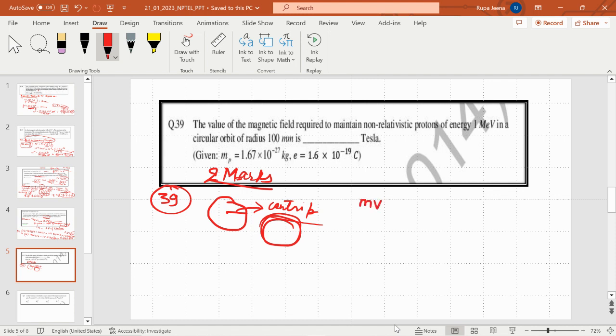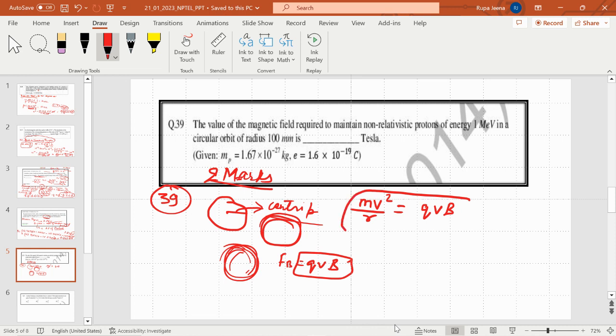And you know centripetal force is mv square by r, and when the particle is in circular motion, the magnetic force is equals to qvB, right? So I have given you this formula, and from this formula you can find out the magnetic field, and it's very easy.